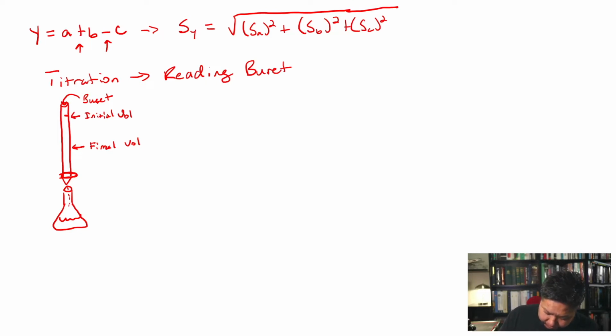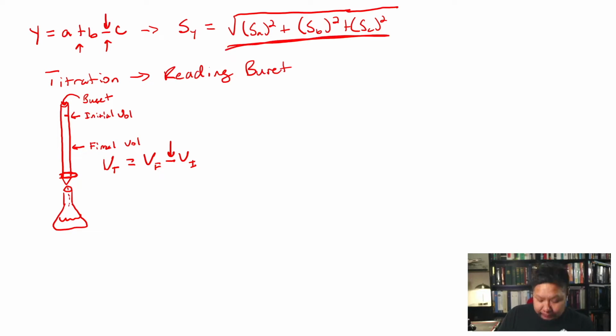Well, how do you figure that out? The equation is Vt for total volume equals the final volume minus the initial volume. And so, as you can see in this calculation, you're doing a subtraction operation, which is consistent with this subtraction operation up here for an uncertainty of measurement propagation, or error propagation. And so that's why you would be using this equation, okay?